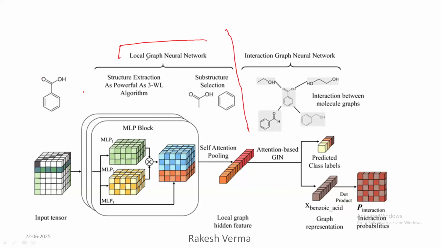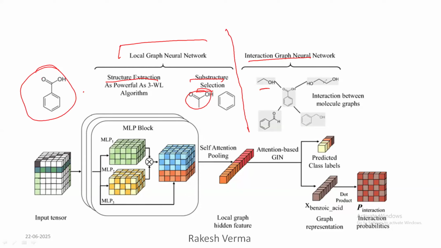In this particular one, there are two components. The first one is considered as a local graph neural network, where it talks about the powerful structure extension of the particular node or graph, and then substructure selection. So first is defined as structure, and in this particular structure, substructure selection is there, and then it performs the interaction between the different structure parts.